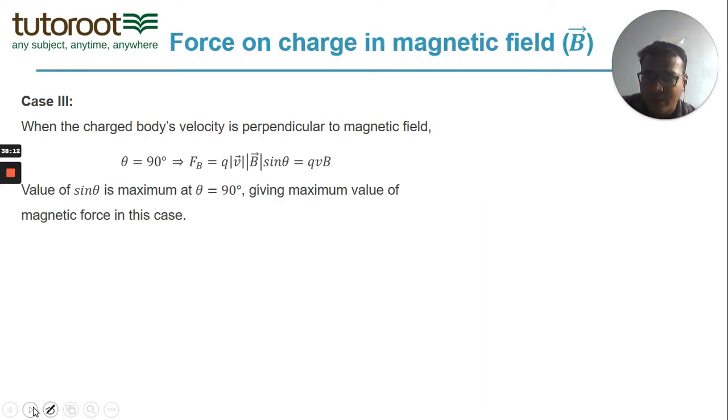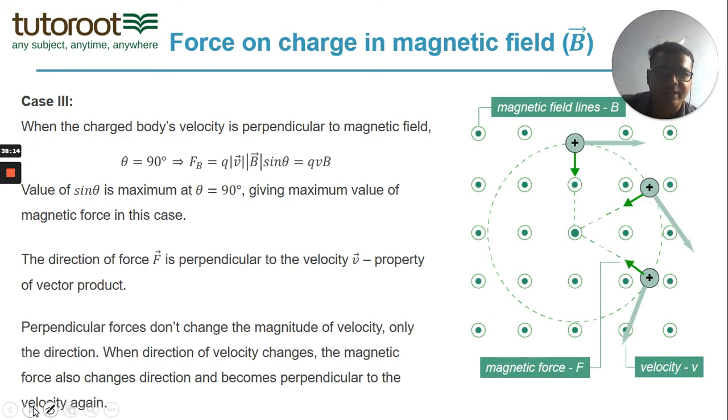But if a charge moves in a direction perpendicular to the magnetic field, here you can see the magnetic field lines, I've shown them as dots. Dots inside a circle represent magnetic field lines coming out of the page towards you, and crosses inside a circle represent magnetic field lines going into the page away from you.